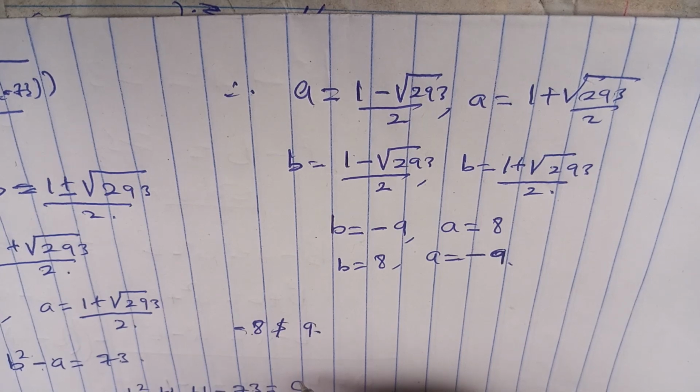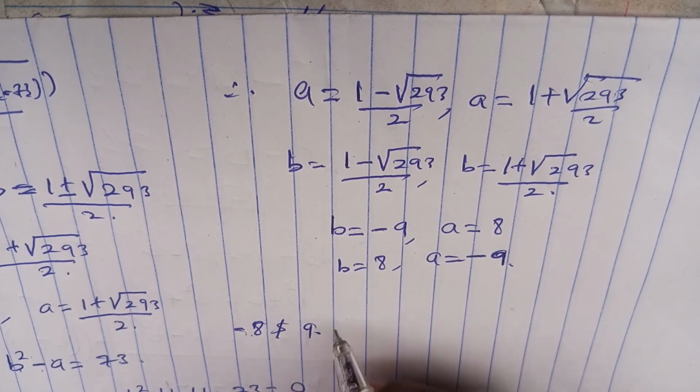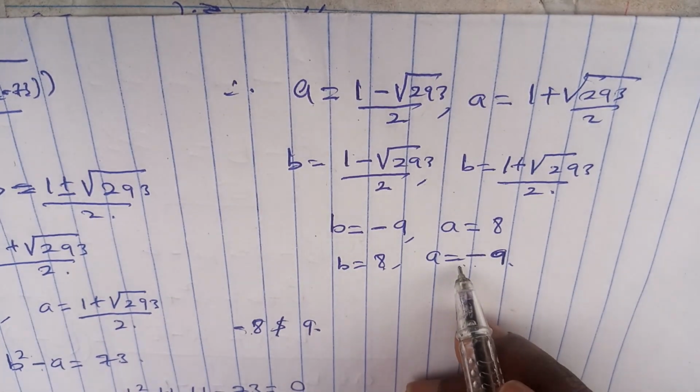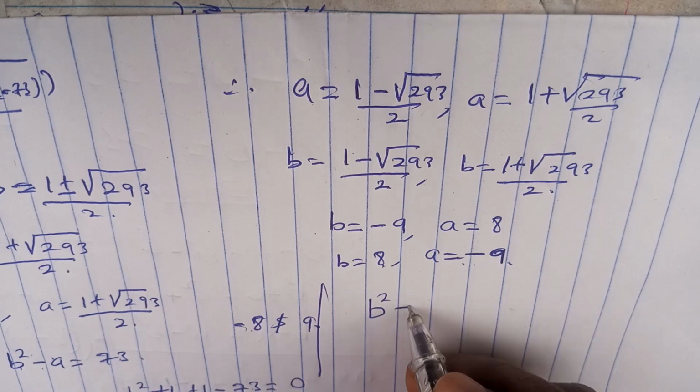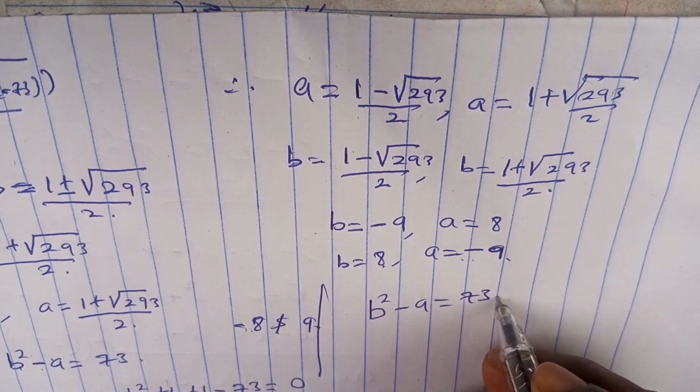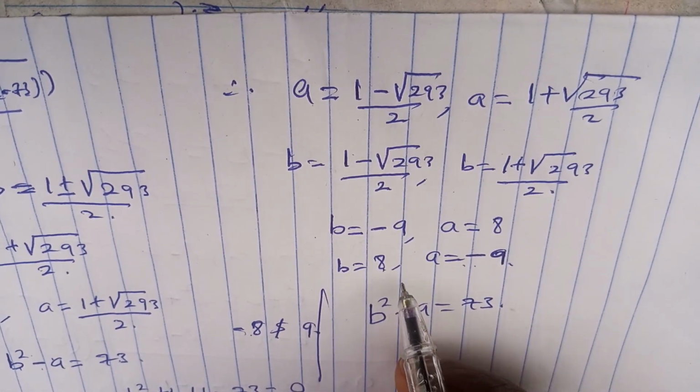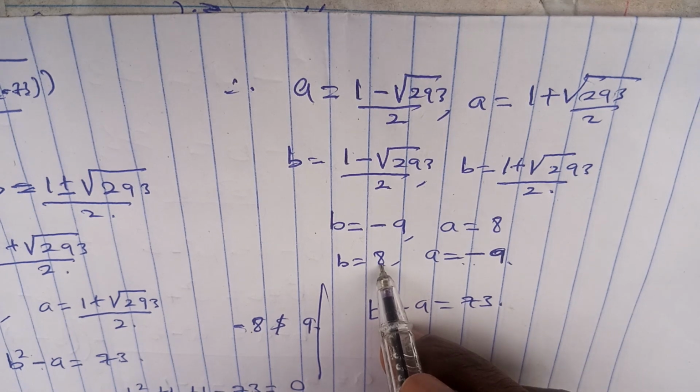Let's see whether the values of a and b are correct by substituting them into our question. Recall, our question says b squared minus a equals 73.